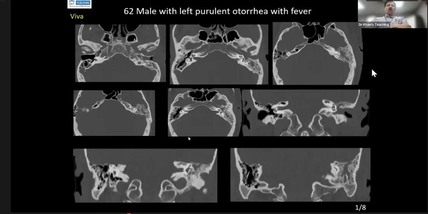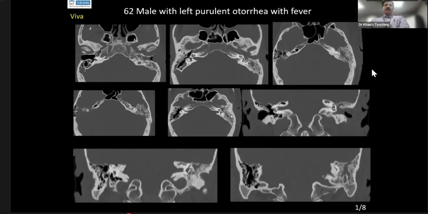This is the last case of the day, and maybe you already know the diagnosis, but because we are doing petrous apex, I'm showing you a scan of a male patient who presented with purulent otorrhea with fever.